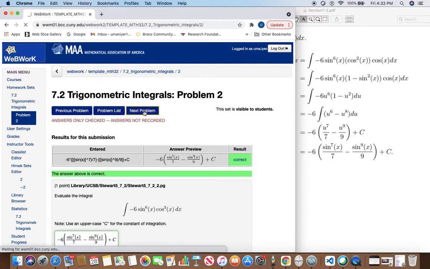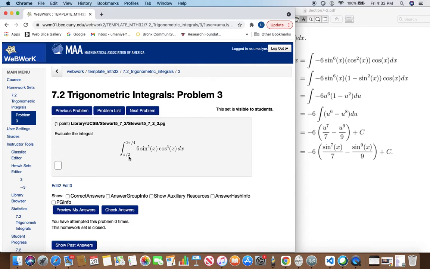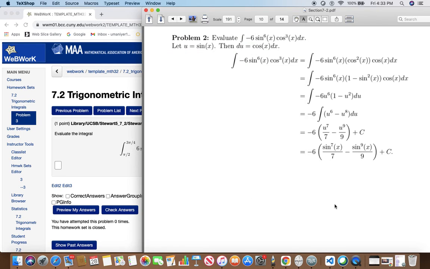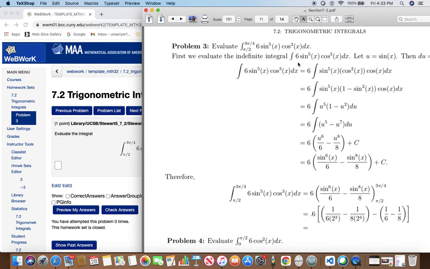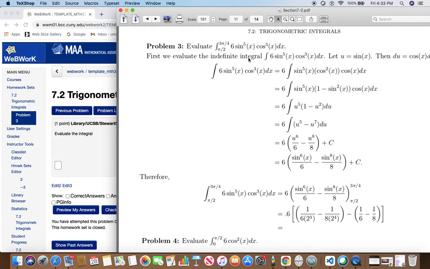Next, the definite integral from pi by 2 to 3 pi by 4 of 6 sine to the power 5 x cosine to the power 3 x dx. So before we evaluate the definite integral, let's evaluate the indefinite integral. 6 sine to the 5th power x cosine to the power 3 of x dx.